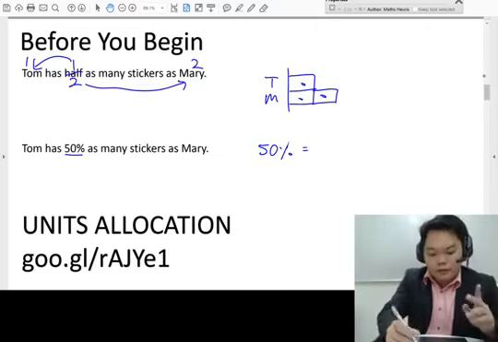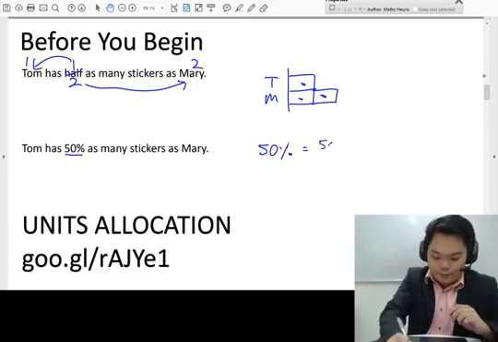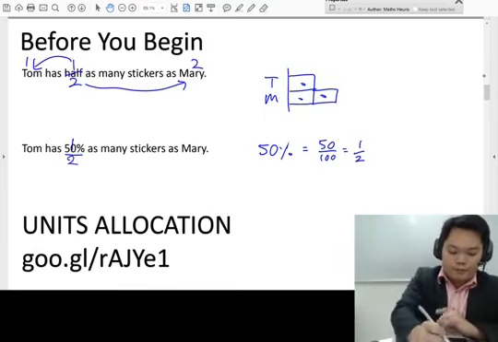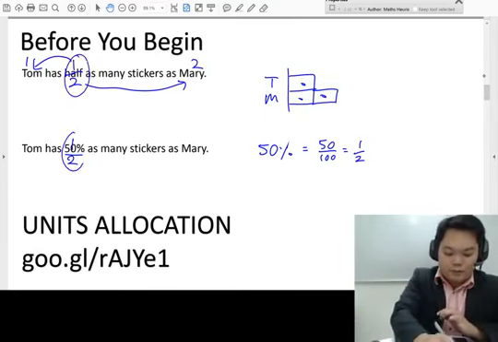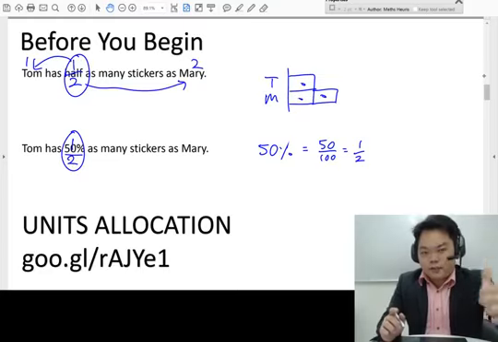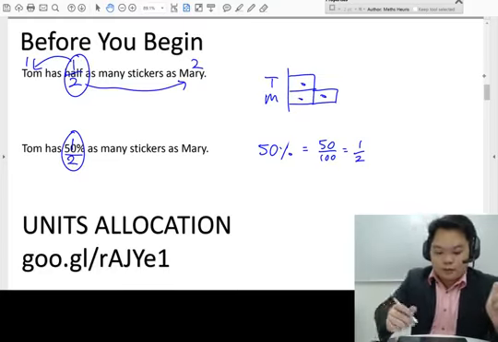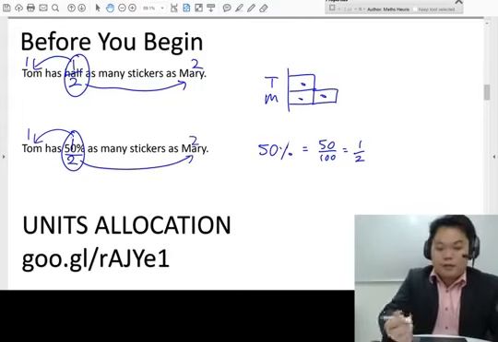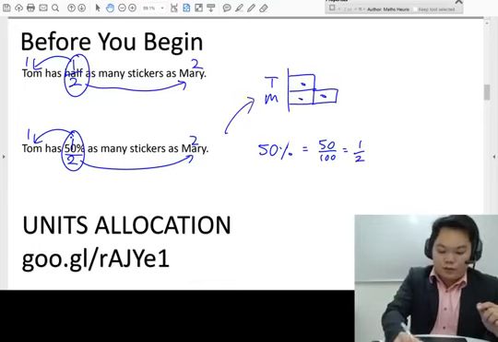By definition, this is 50 out of 100, and it simplifies down to half. So when you change this to half, it becomes the exact same problem as the one on top. The main idea here is to convert decimals and percentages into fractions first and allocate the units. So this 2 goes to Mary, this 1 goes to Tom, and then it simplifies down to the exact same problem.